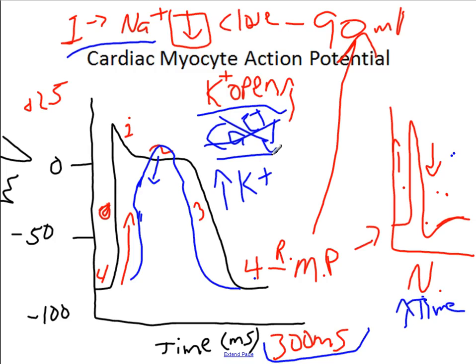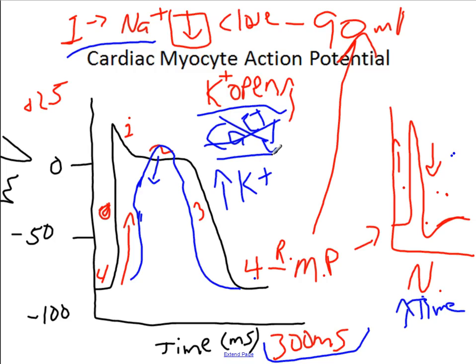Again, we go from resting membrane potential up, the fast sodium channels open, and the muscle tissue is stimulated to contract, or depolarized. Then the sodium channels close once we reach a positive charge of the cell, and then potassium channels open and we have a slight efflux of potassium.